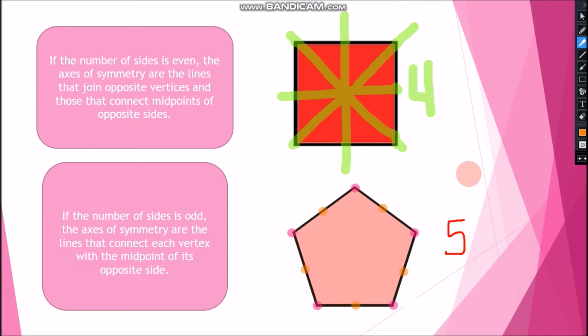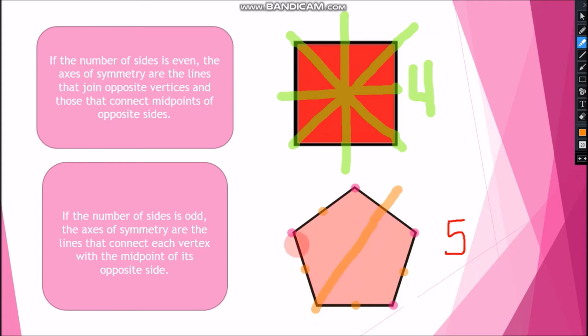And I'm going to connect each vertex with the midpoint of its opposite side. Y voy a unir entonces cada vértice con el punto medio opuesto, es decir, voy a unir este vértice con el punto medio opuesto, es decir, este.